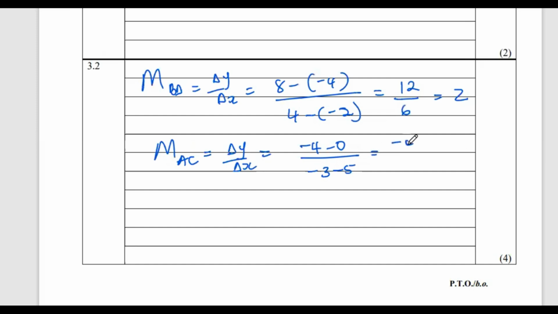So this is -4 over -8. Did I do something wrong? Say -4 minus 0, -3 minus 5. That is fine. Okay. This is giving me a half.